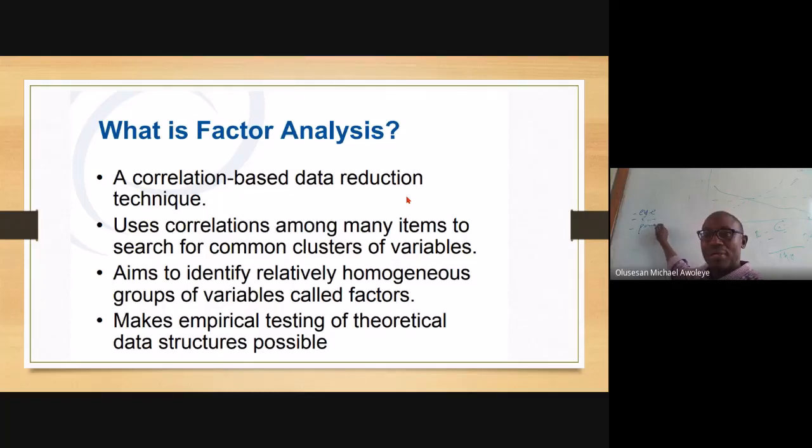You know what I mean? So factor analysis is trying to say all of these guys, we can call them one single factor. Pull all of these together, and they will say all of these can be referred to as a single factor. So that single factor will now derive its name from here.